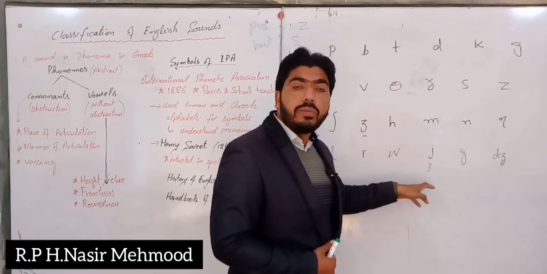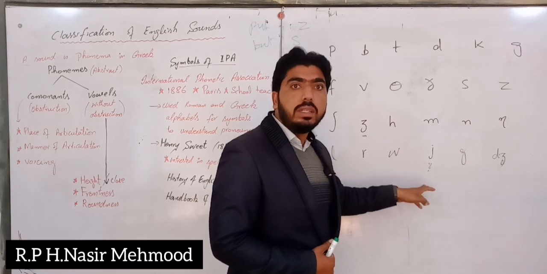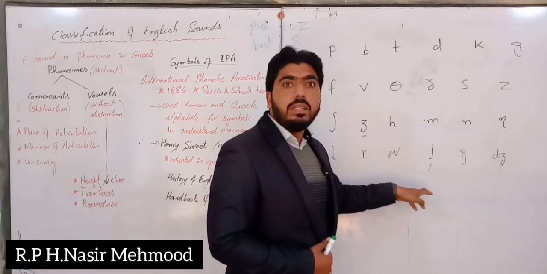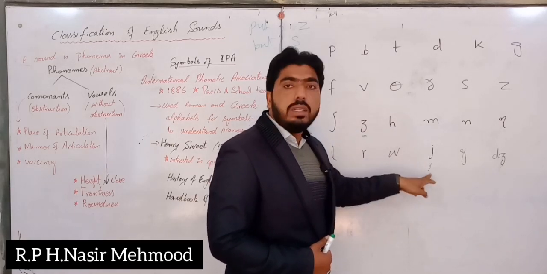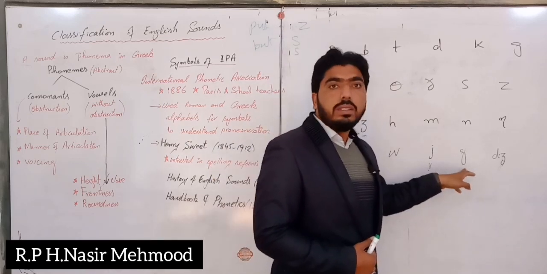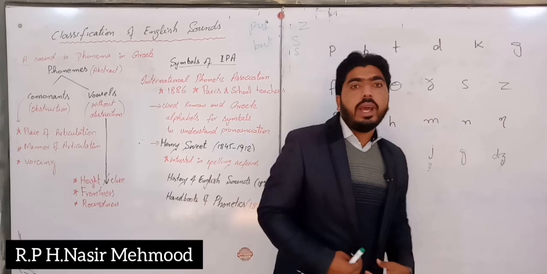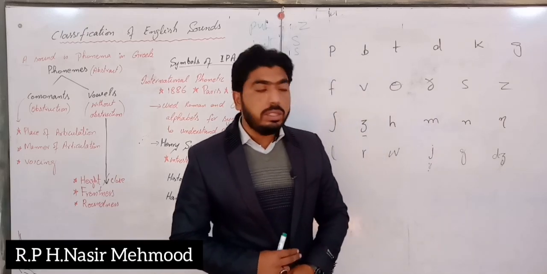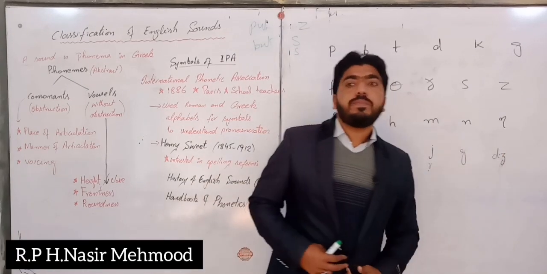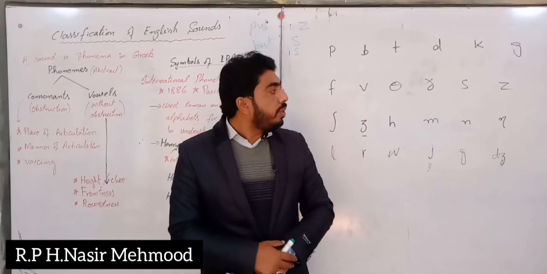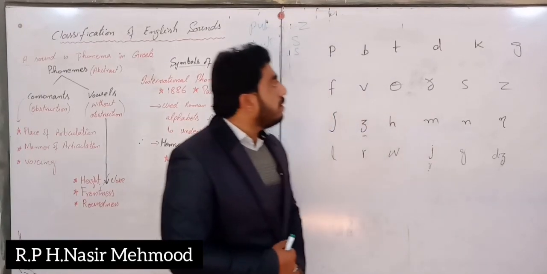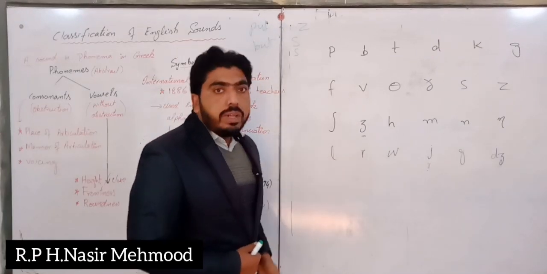This is not yes, this is the wrong one. Y, yes. This one, j, as in the beginning of junk. J, j, j. Right? So these are the pronunciations of consonant sounds.